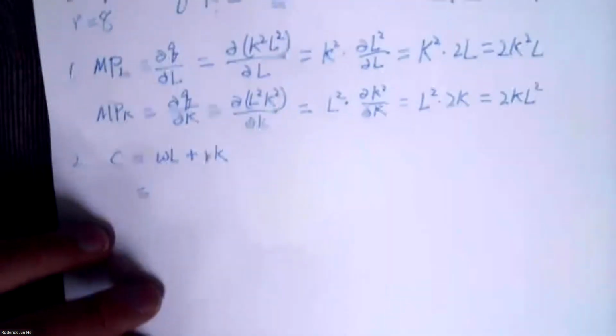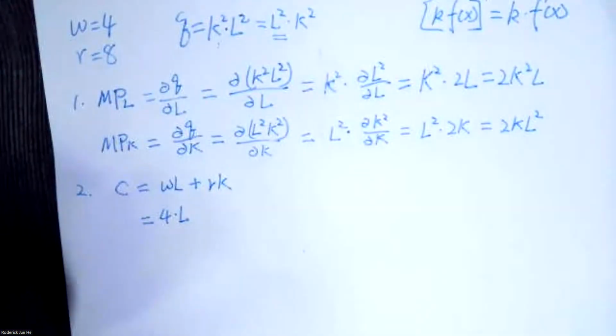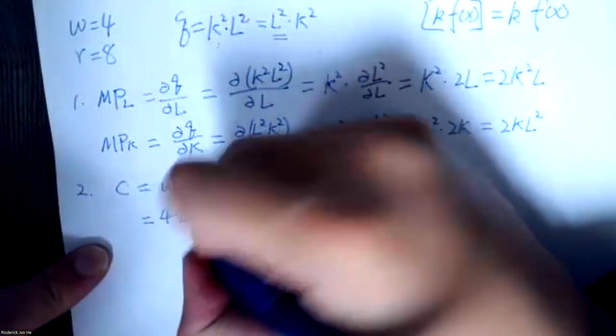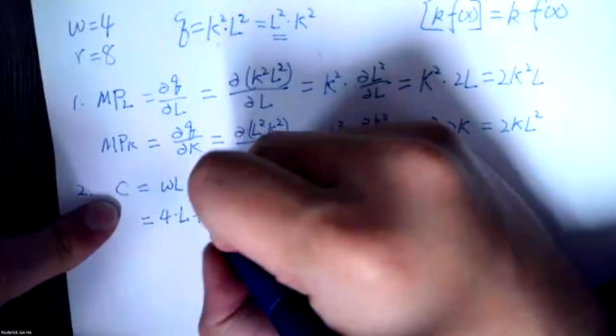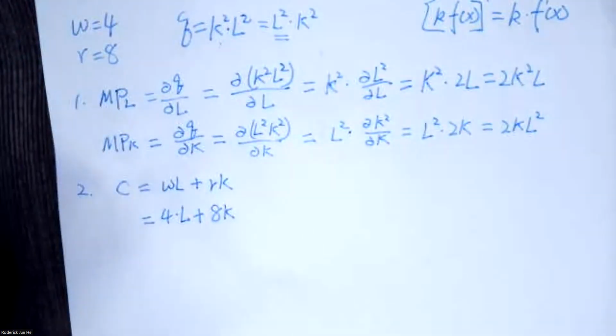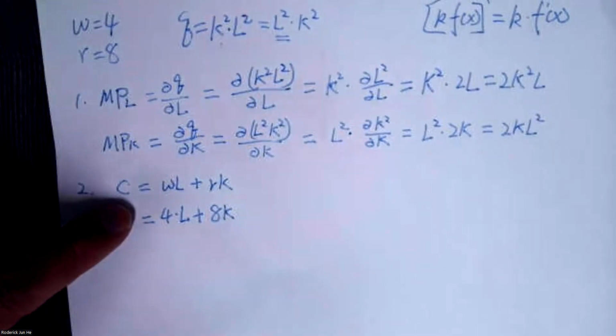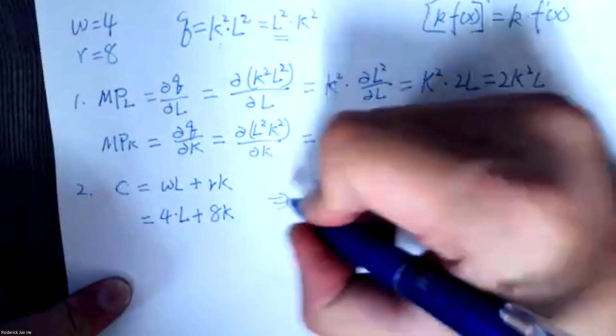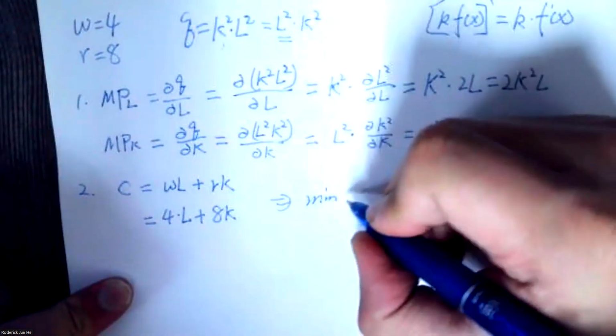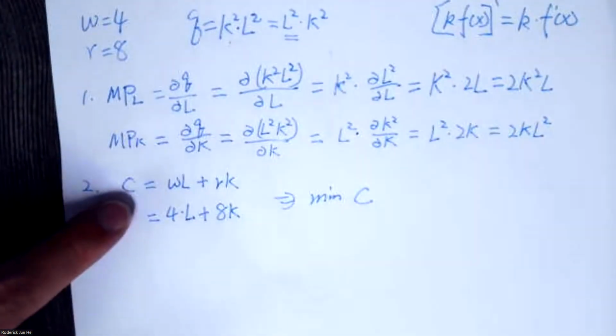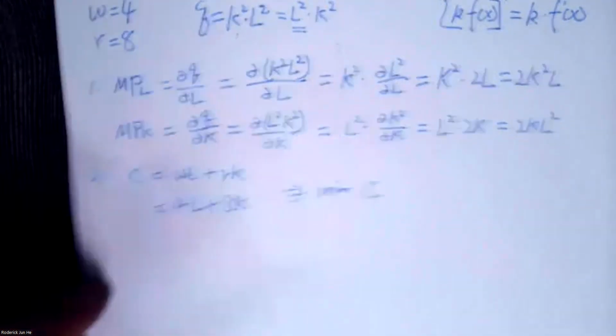W is the cost per unit of labor, and L is how many units of labor you hire. R is the unit cost of capital, and K is how much capital you hire in total. C is an open variable here because we seek to minimize cost, so it is not determined yet.